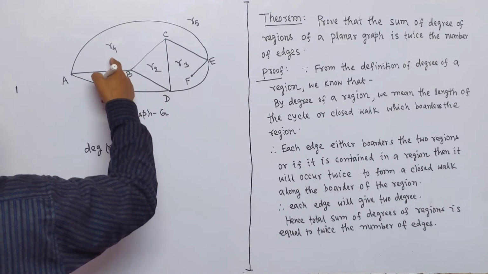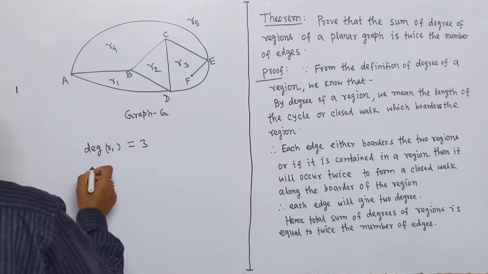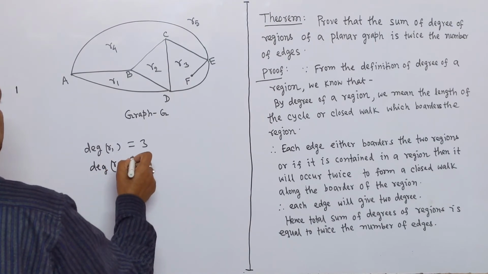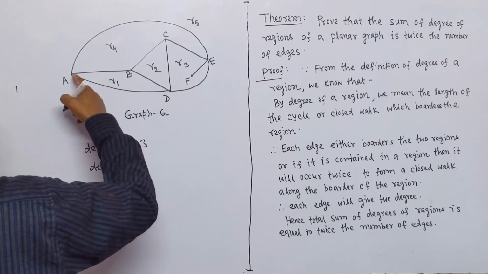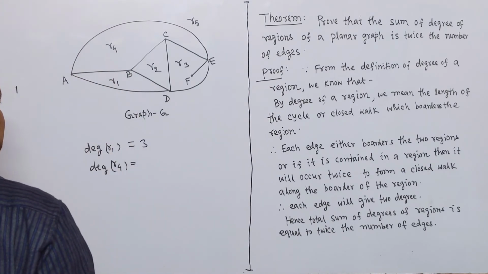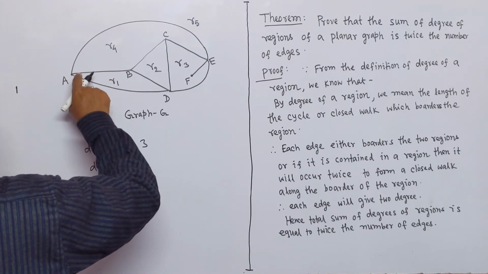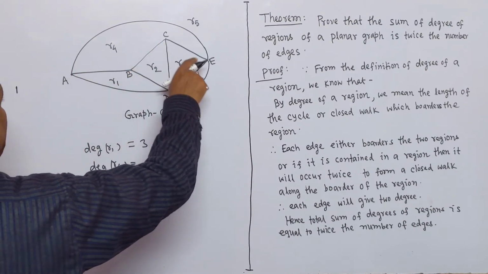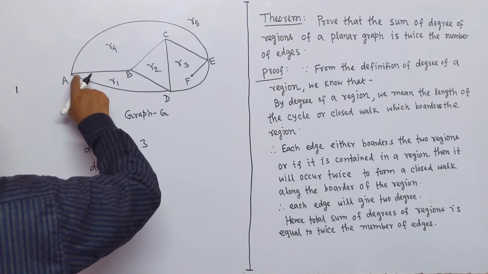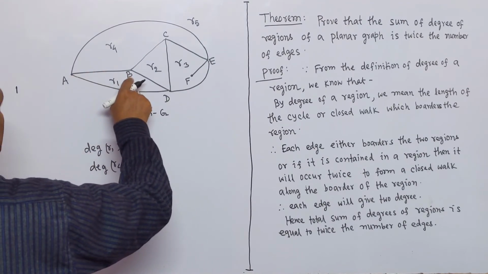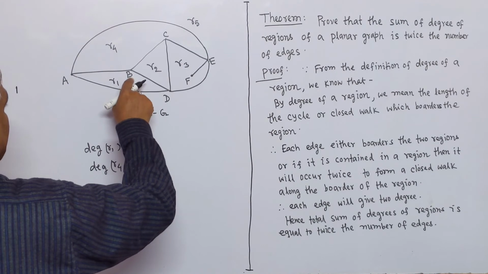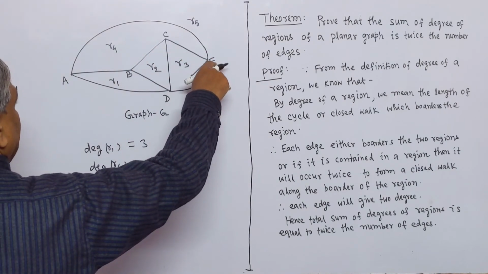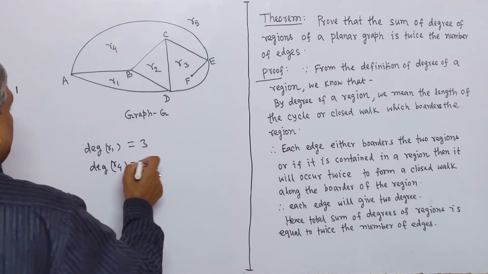Again, when we find the degree of R4, here we see that for finding the length of the cycle, we count the edges which are in the border of the region. Here we see AB 1 edge, BC second, CE third, and EA fourth.